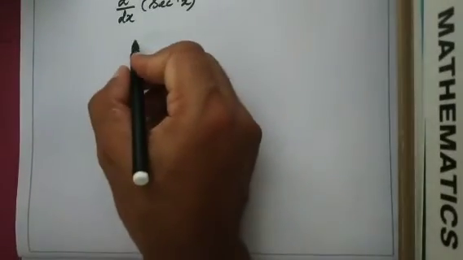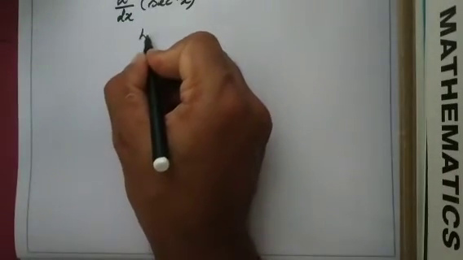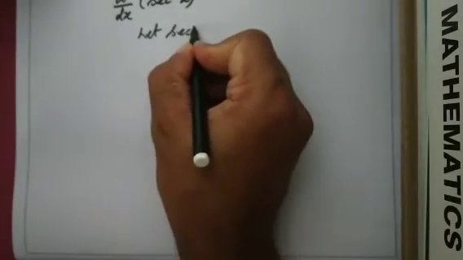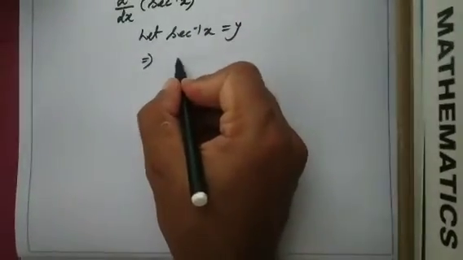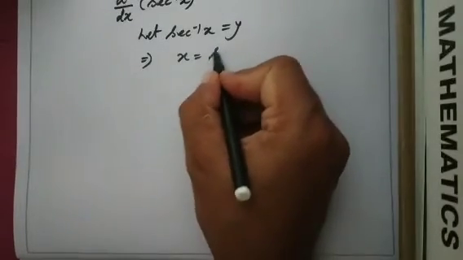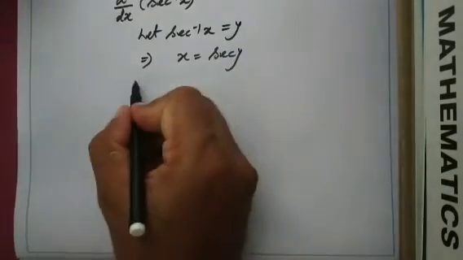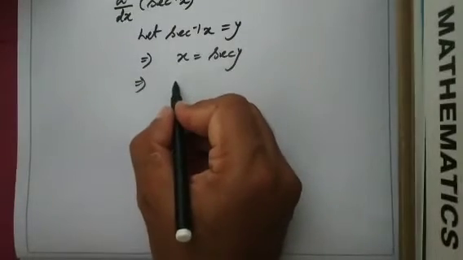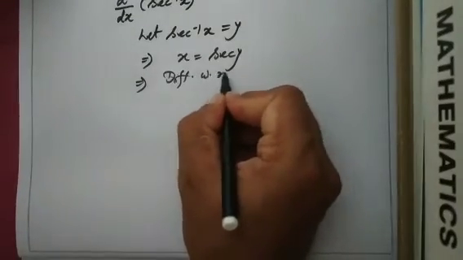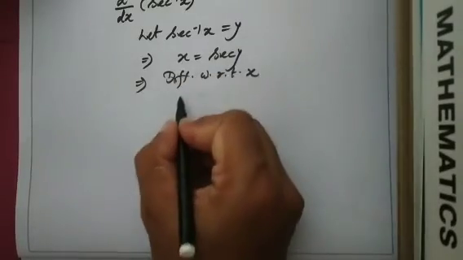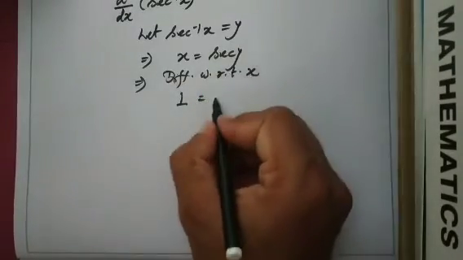So here we choose, let this function sec inverse x is equal to y. That means your x is going to be sec y. Differentiating both sides with respect to x, we will be getting 1 here, and on this side we get the derivative of sec y.